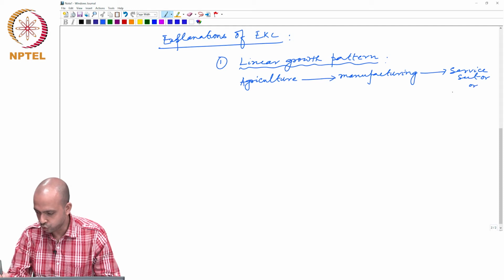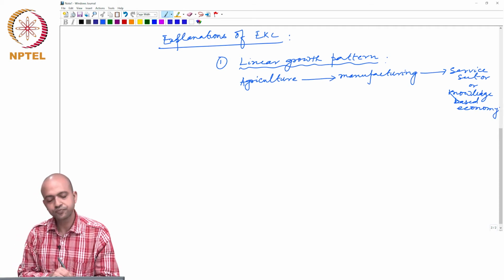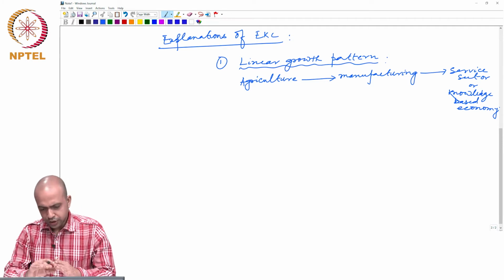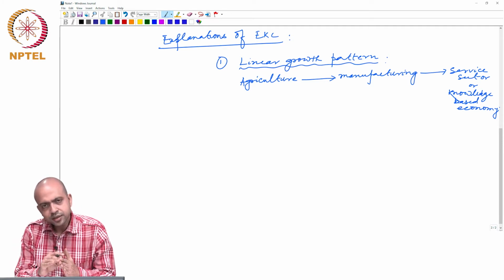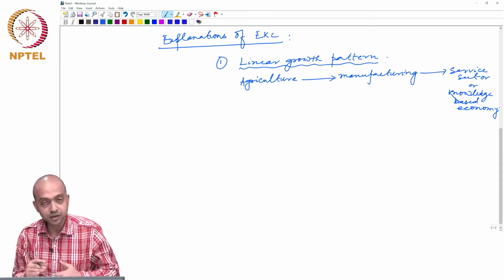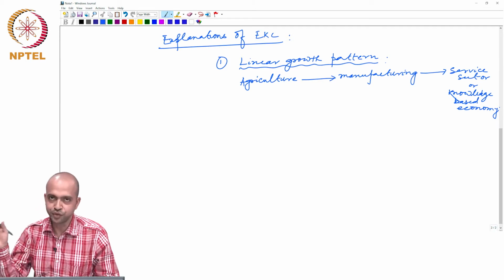Now, this is the kind of linear growth pattern that is observed for most of the economies.